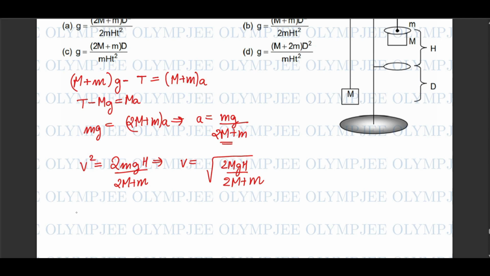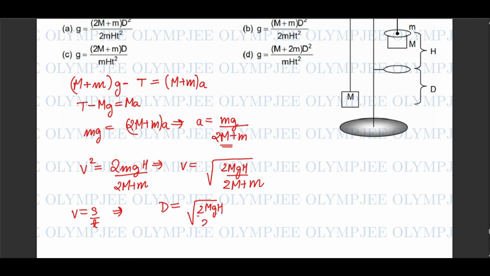So using this formula that v is equal to d by t, we will get v is equal to mgh divided by (2m plus m) multiplied by t.